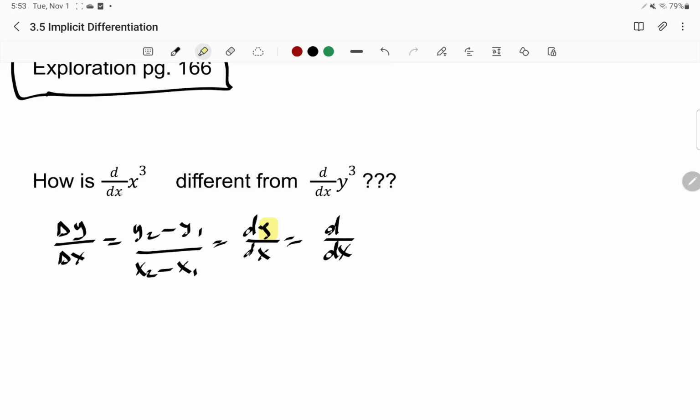So again, this is your independent, but this is your dependent, your y variable here, which means it is your function itself. So they are very different. The variables used in your d over dx are important because the variable in the bottom is the one you're differentiating with respect to, because that's your independent variable. And we're going to talk about what that means as well.